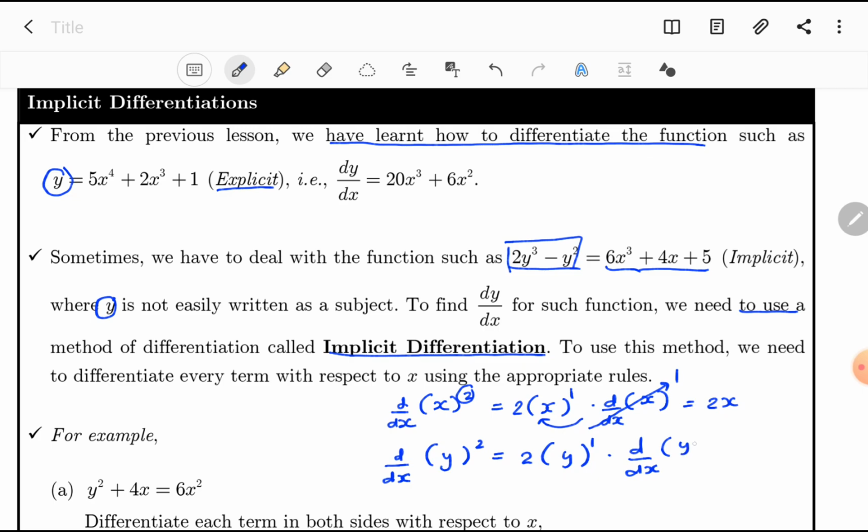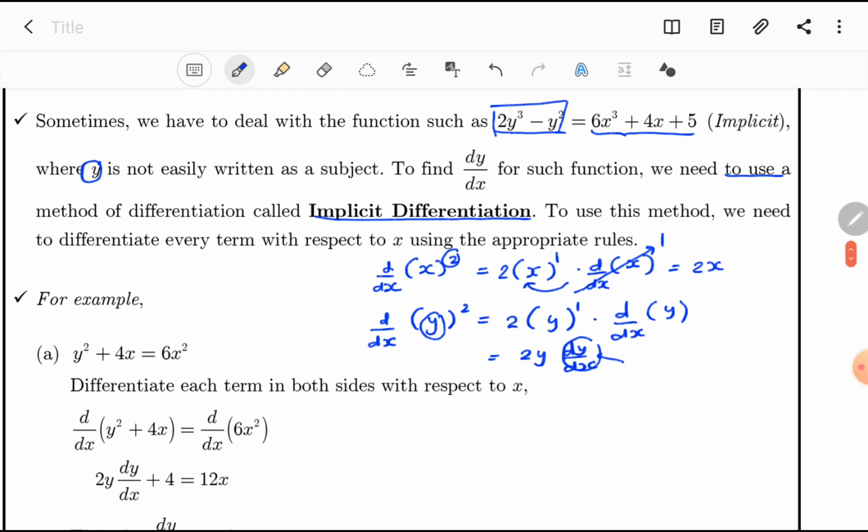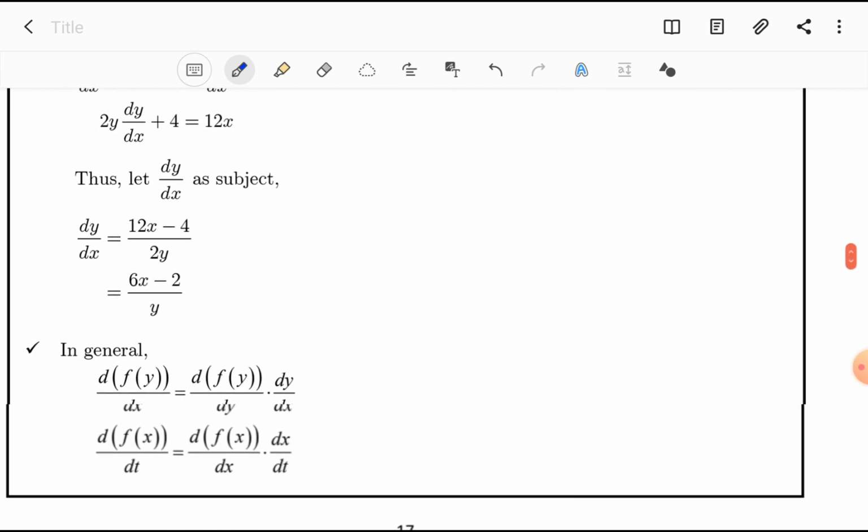The function is y, and d dx of y is not 1. Therefore, the answer is 2y dy dx. Or in other words, if we have y, we will have dy dx.